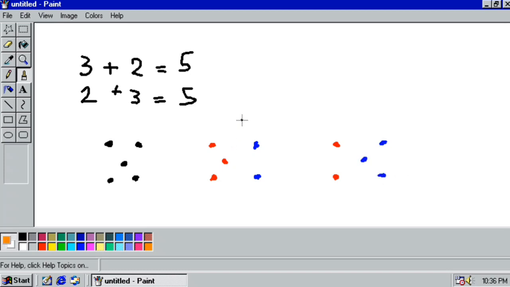So here, on the left below, we separate the dots to show what we mean by 3 plus 2. And here, on the right, we show 2 plus 3. Now, the answer is 5 in both cases because there are a total of 5 dots regardless of the way they are arranged.